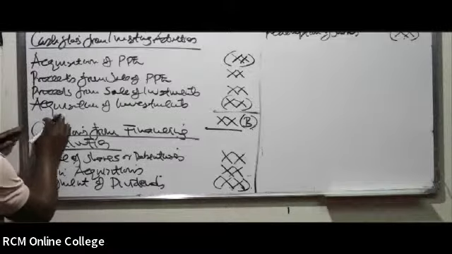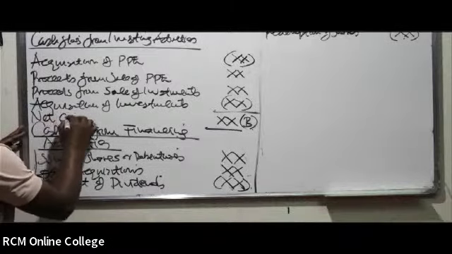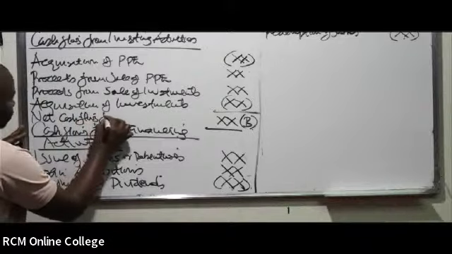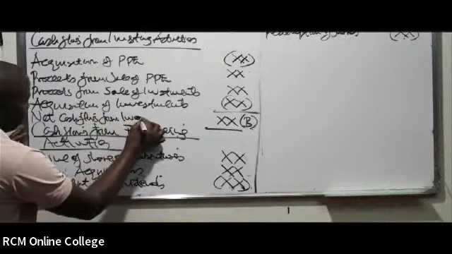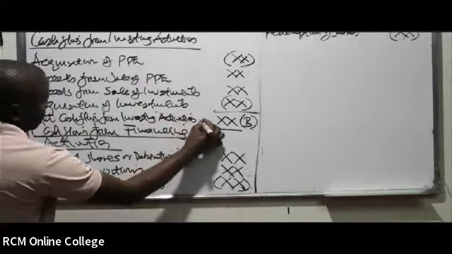Here you write net cash flows from investing activities. This is what this figure represents.